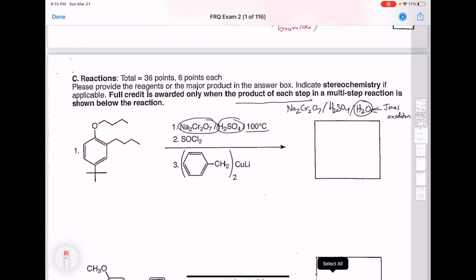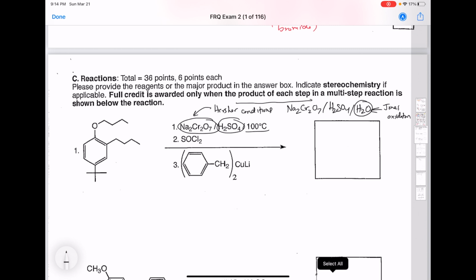So there's definitely an oxidation going on, but it is way harsher. These harsher conditions make this a considerably more powerful set of oxidizing conditions.